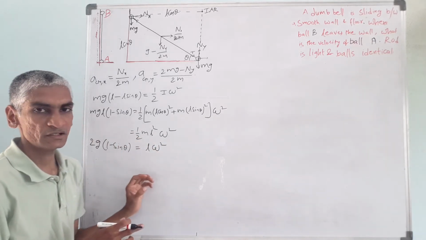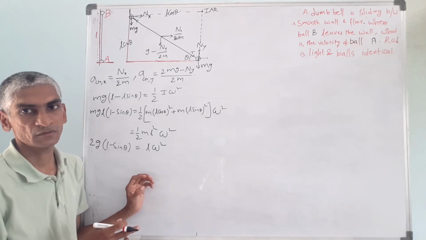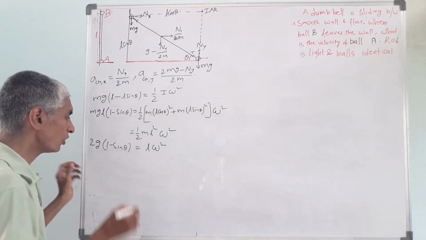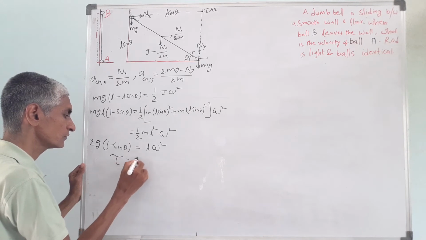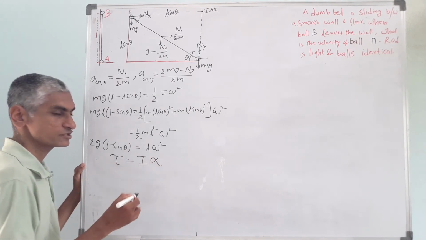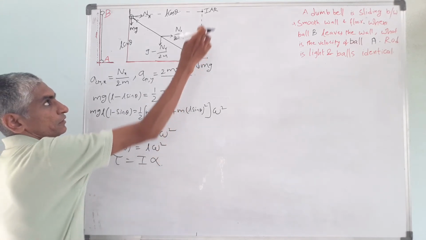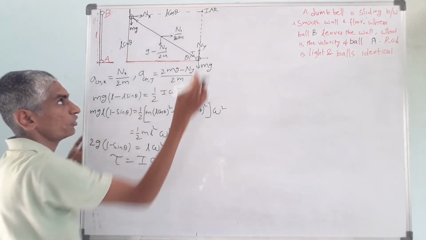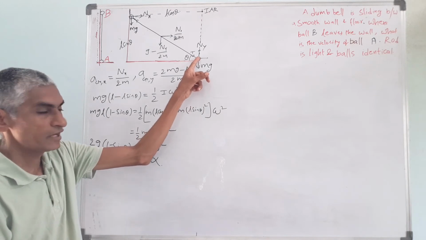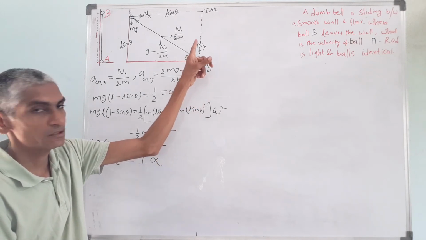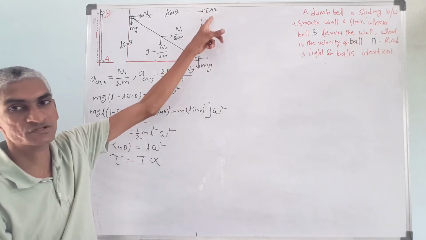Now I want to find the alpha value by applying the torque equal to I alpha equation about the same axis of rotation. About this axis, if you apply torque, for mg and for Ny, torque is 0 because they are passing through this.